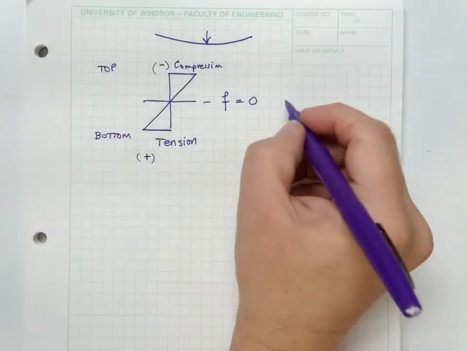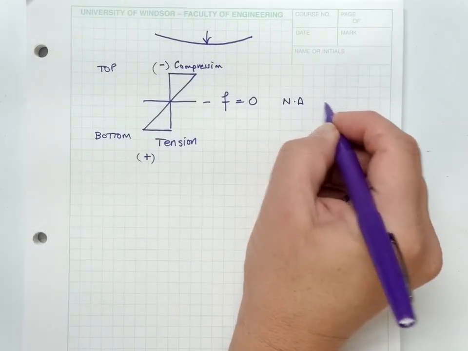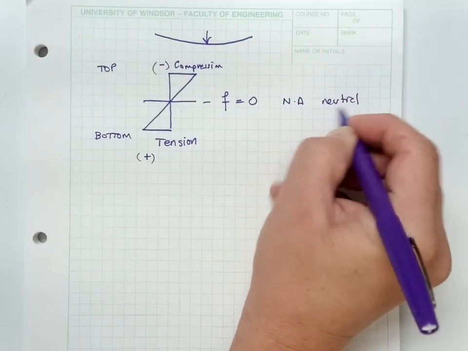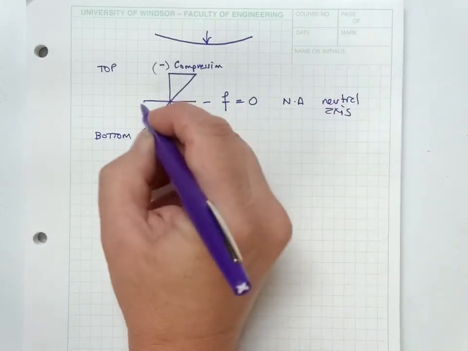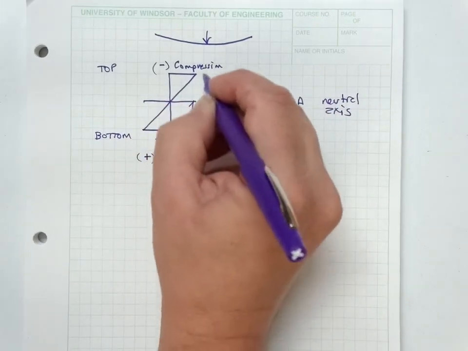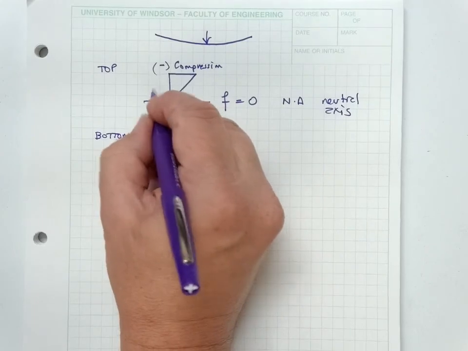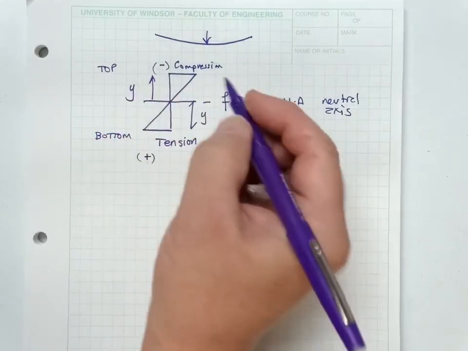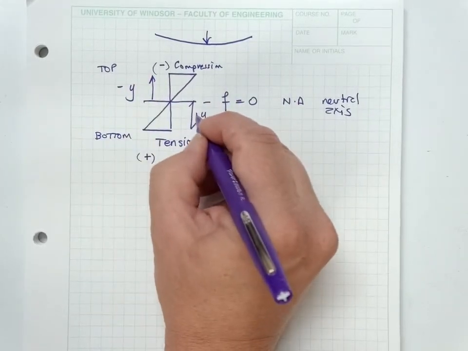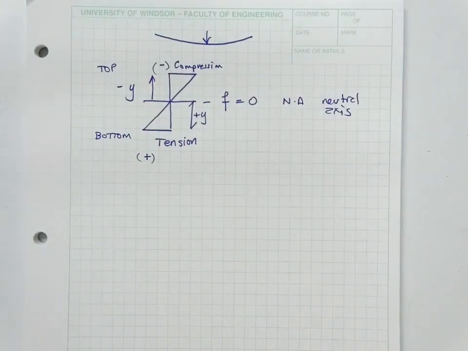And so we define that plane where it's 0 as our neutral axis. And we can measure a distance, the way we've sensed our forces, away from the neutral axis as y. And that's where our recipe, our equation comes from, that the stress is equal to My over I.